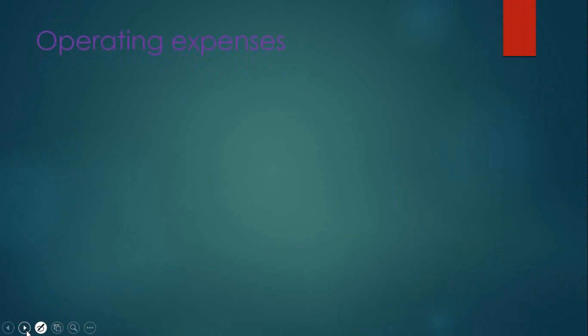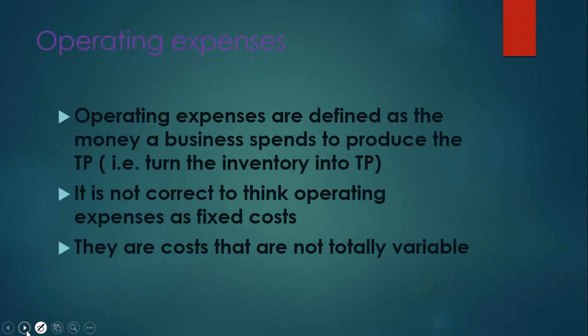Okay. So then we discuss something called operating expenses. Operating expenses are basically another term for conversion cost, the money the business spends to turn the inventory into throughput. It is not correct to think of operating expenses as fixed costs, not really fixed costs. They are costs that are not totally variable.